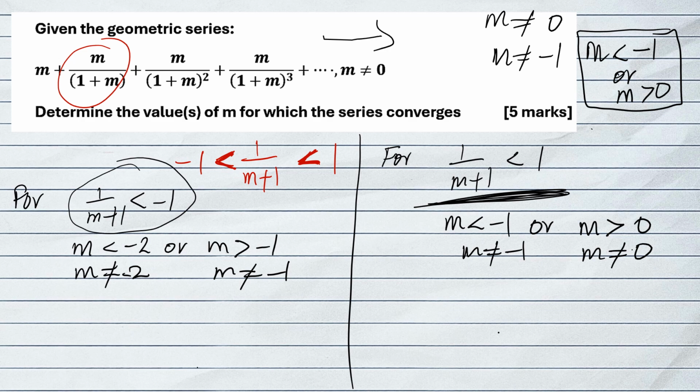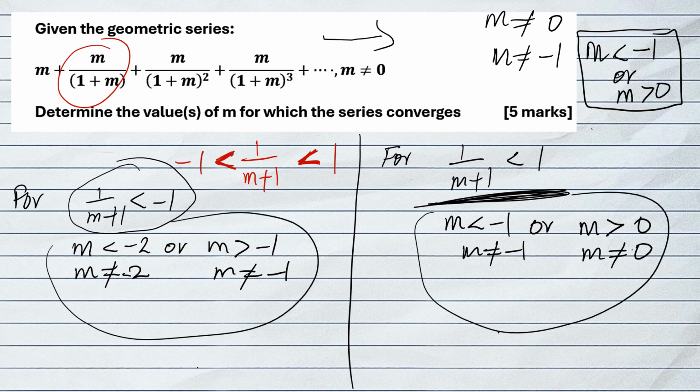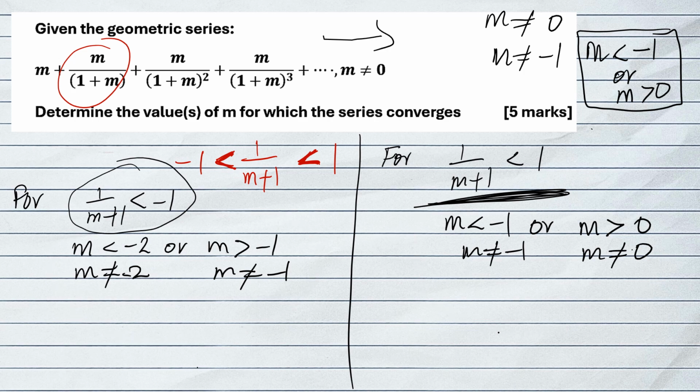Whatever is valid on this side must not contradict the other. If it contradicts, we're just going to leave it, right? So let's see. For m less than negative 1, it complements m less than negative 2.